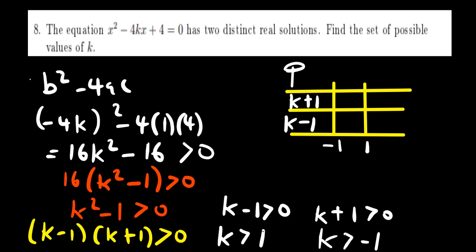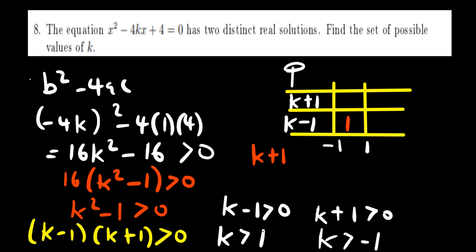Now let's start with the first one. Which one gave us negative 1? The one that gave us negative 1 was k plus 1. In k plus 1, if I get any value above negative 1, let me say 0, I'm going to have positive numbers, right?